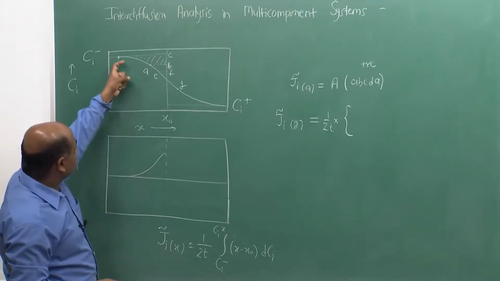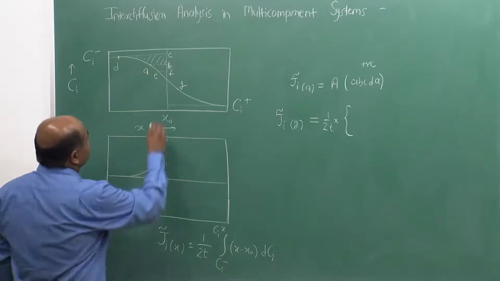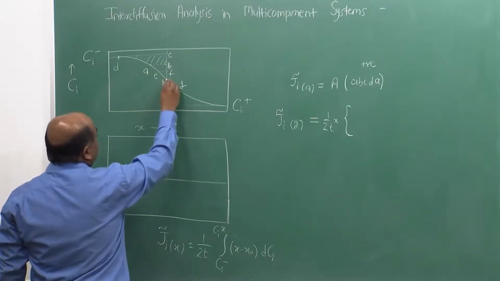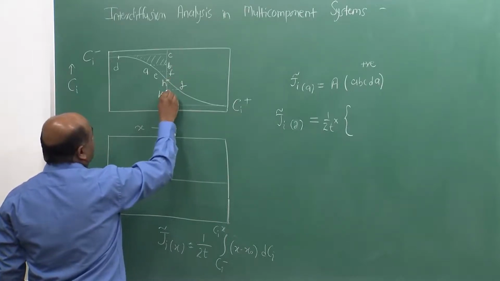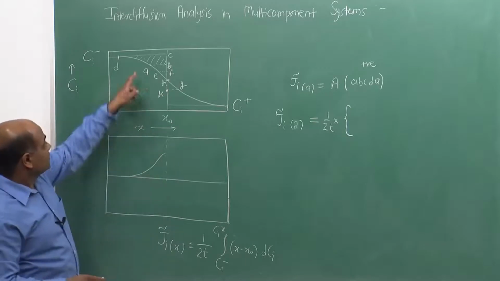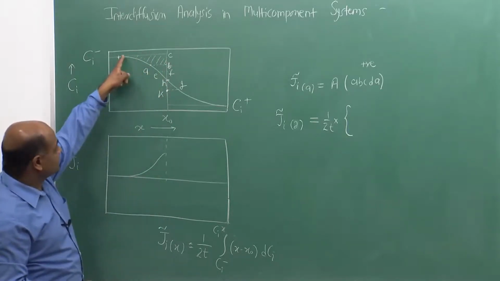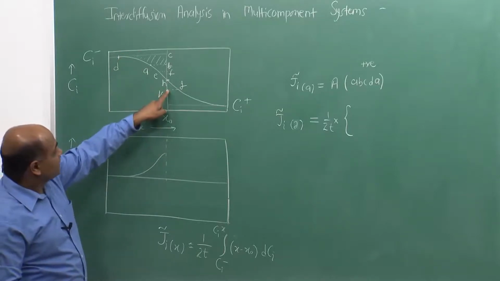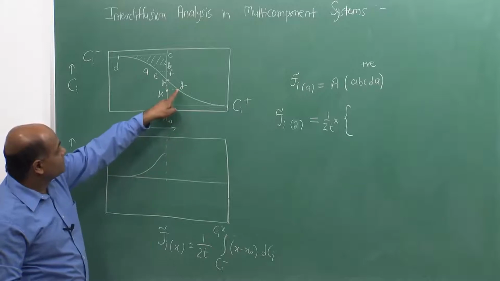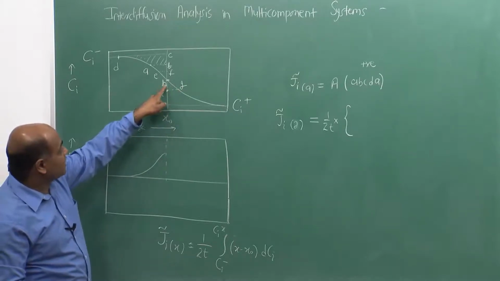So, the area would be A D C, let us call this H, this K. So, the first integral would be DHC, which is positive. Next, the integral from x naught to point G, that would be area HGK.